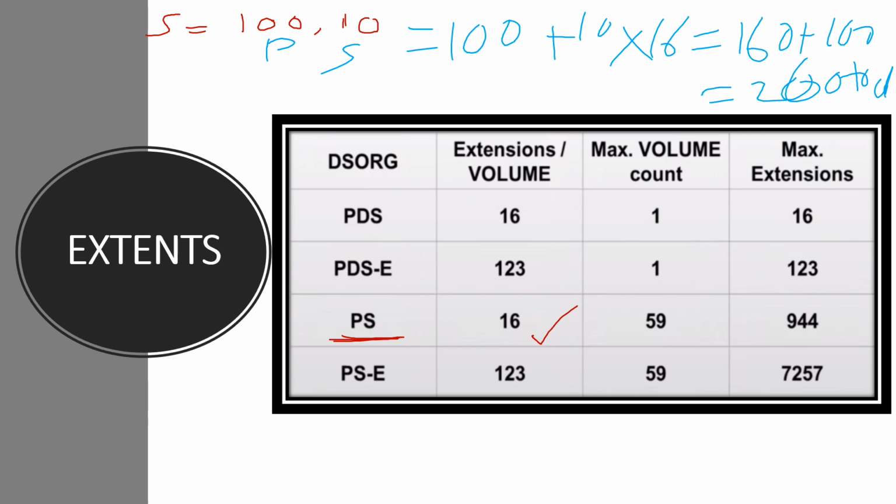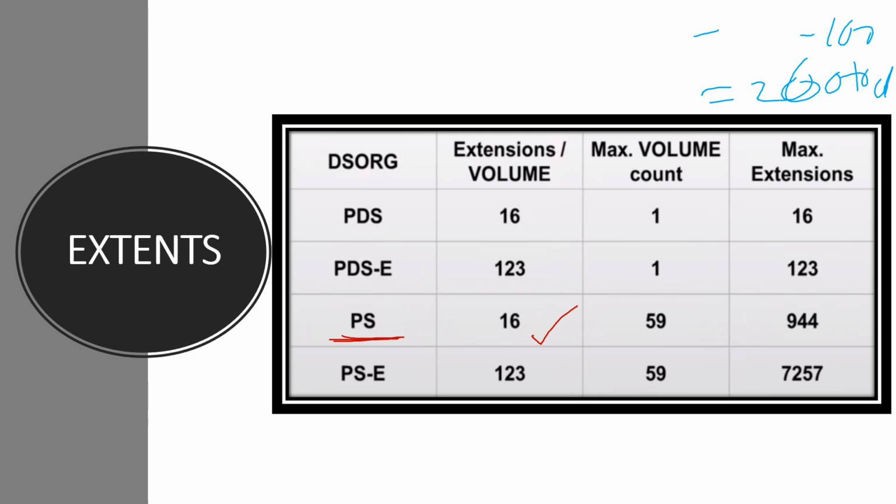Depending on that, it can be given. So here you get 16 extents for one volume. But as we know, a PS file can extend up to 59 volumes. A basic PS file can extend up to 59 volumes. So here, what happens?